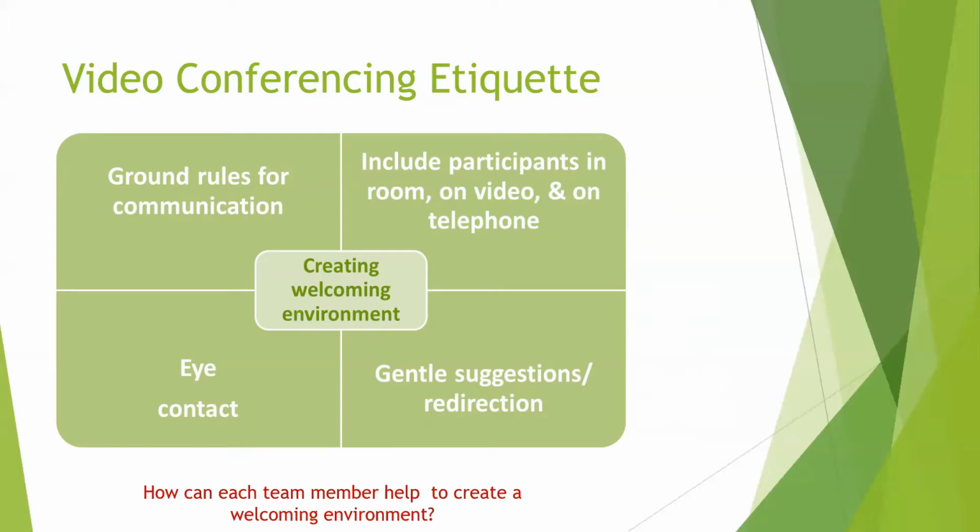I'm not going to go over these in great depth, but things like trying to include all participants in the room that are on the phone with you, making eye contact with everybody, which is hard sometimes because eye contact in a conference call is really where your webcam is. That's going to look like you're making eye contact with the group.